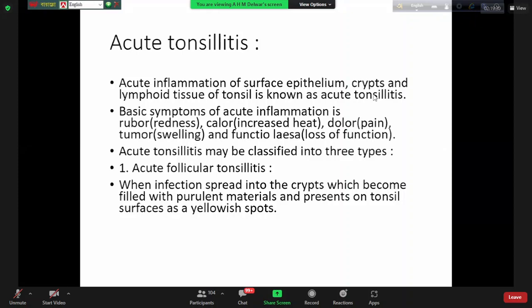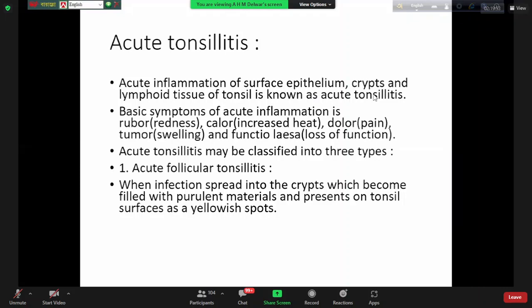The classification is not that important, but everybody should know it, because some teachers may ask what is follicular tonsillitis, what is another type of tonsillitis, that is parenchymatous tonsillitis or membranous tonsillitis.